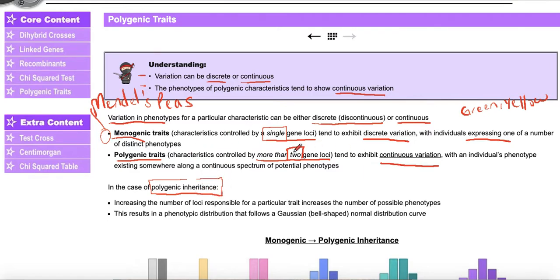So that means that the phenotype of the individual is going to lie somewhere along a continuous spectrum of potential phenotypes. And that continuous spectrum is what we describe as a possible bell-shaped normal distribution curve, or a Gaussian bell-shaped normal distribution curve.